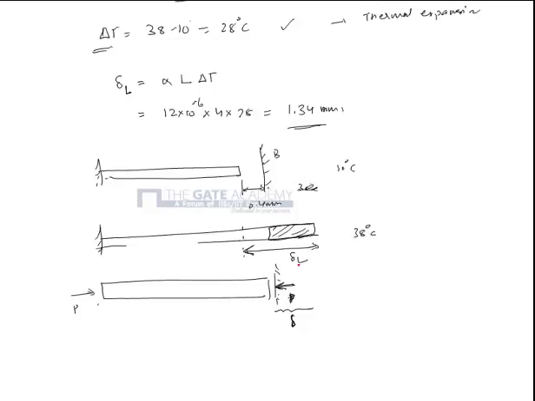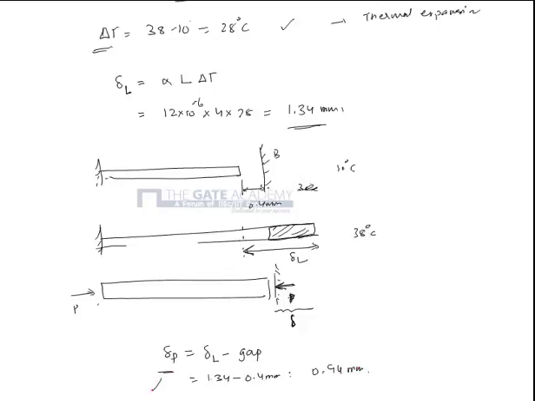So the rest of the amount is compression by the actual compressive load P. That is delta P, written as delta L minus the gap. Delta L is 1.34 minus the gap of 0.4 mm, so this comes out to be 0.94 mm.